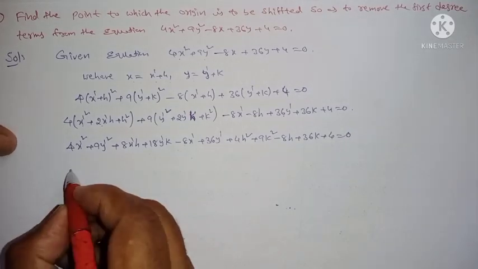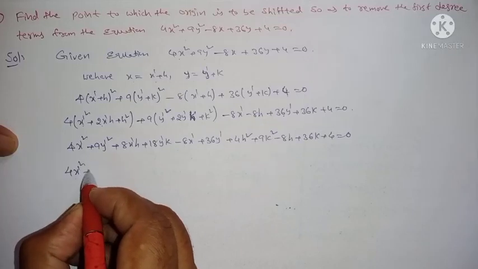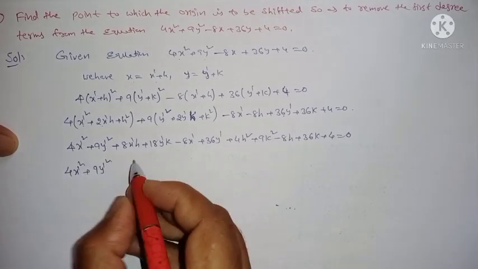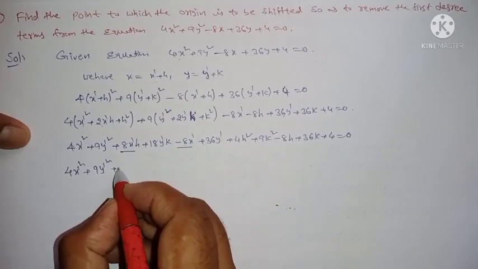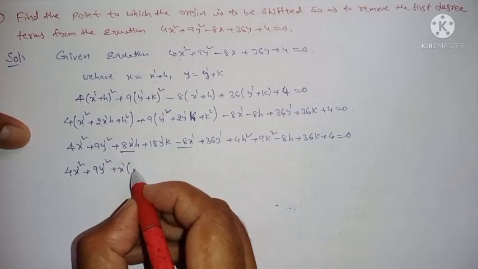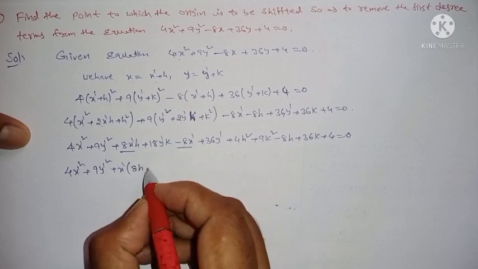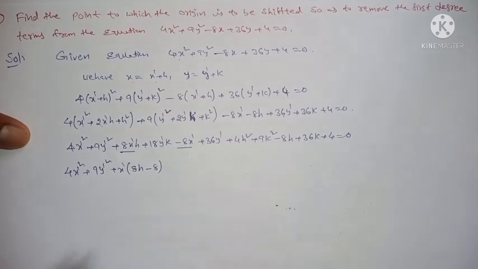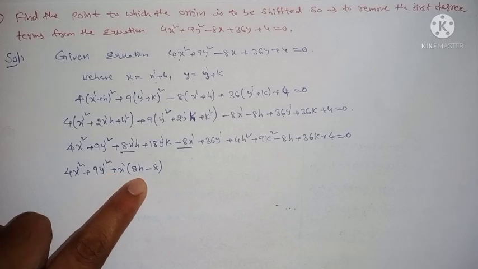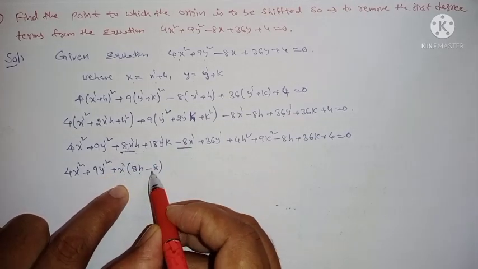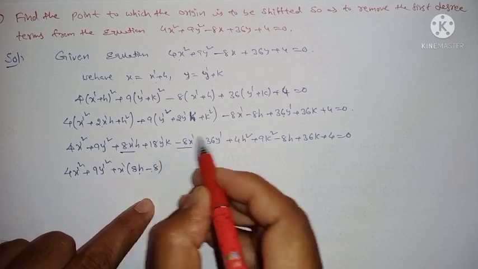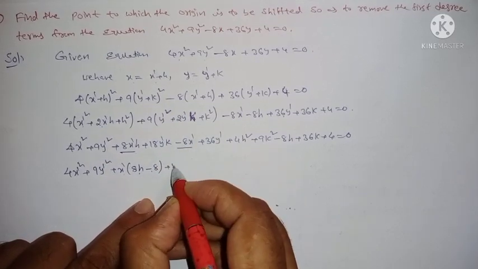Next I can write here 4x dash whole square, 9y dash whole square. In this, observe here, you can take x dash common. The remaining term is 8h, this is minus 8. Clear? I am taking x dash common in these two terms, therefore 8h minus 8. And similarly in these two terms you can take y dash common.